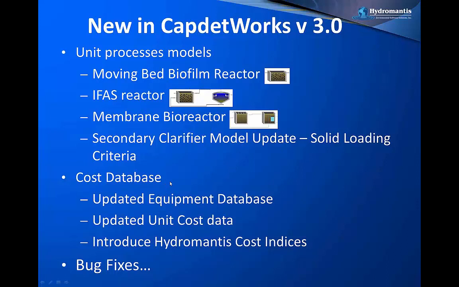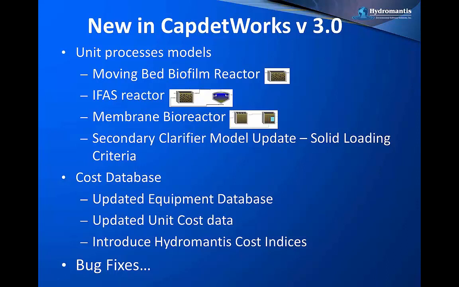We have done some changes to our cost database. The first change is we have updated the equipment cost database. Earlier, the cost database was indicative of the year 2007, but the new database is updated to reflect the current year 2014. Also, we have updated the unit cost database that is built into CapdetWorks. One of the most significant features is that we are introducing Hydromantis cost indices, now built into the cost databases.